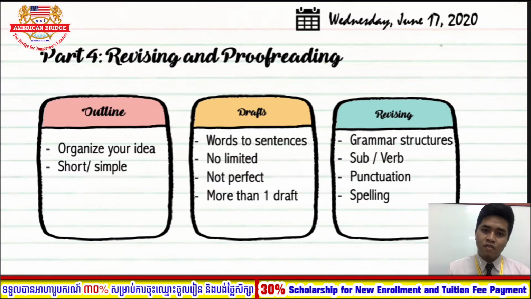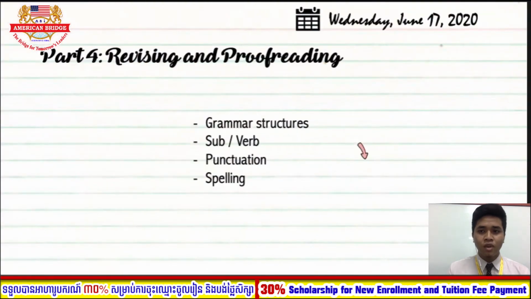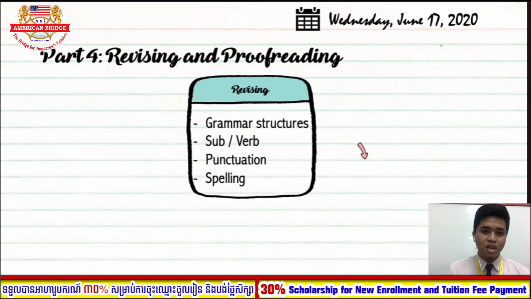Look at the subject and verb agreement. Did you use the right subject or the right word? Pay attention to the punctuation of your writing. Last but not least, check the spelling of your paragraph, because you might misspell some of the words, so please check it.